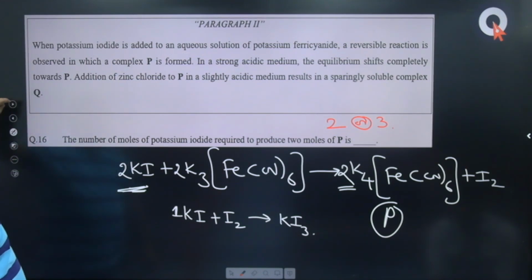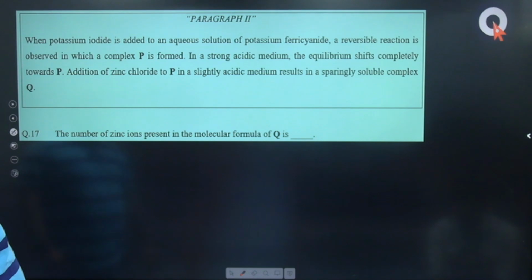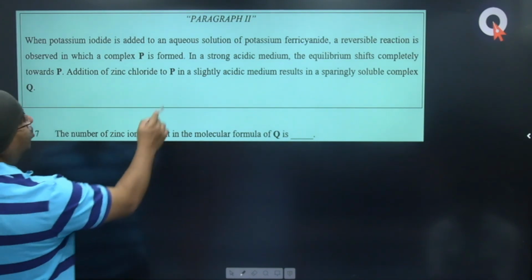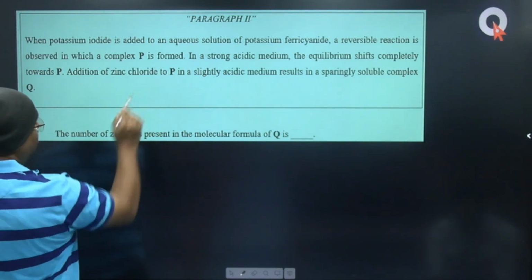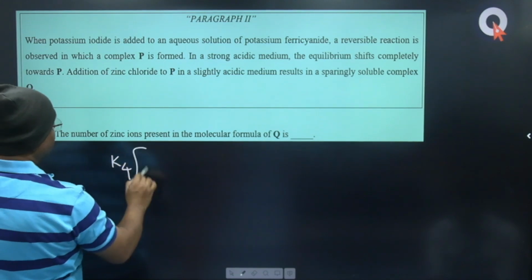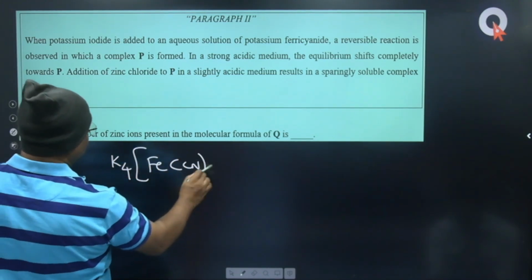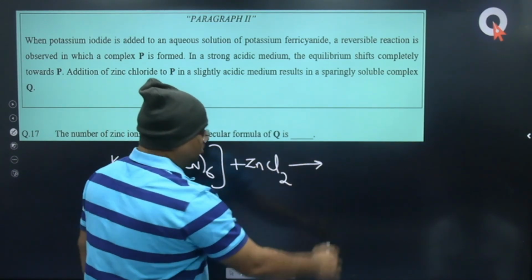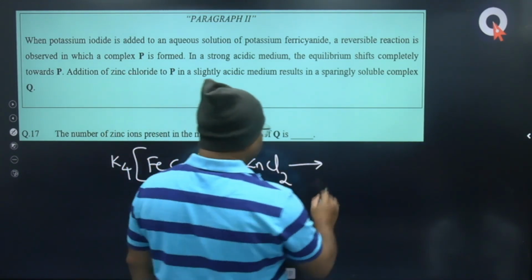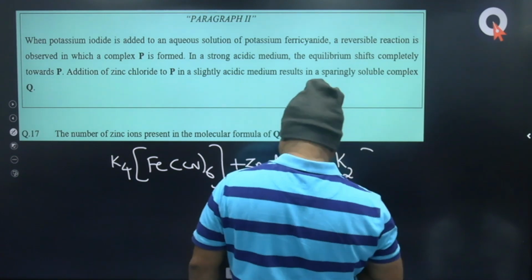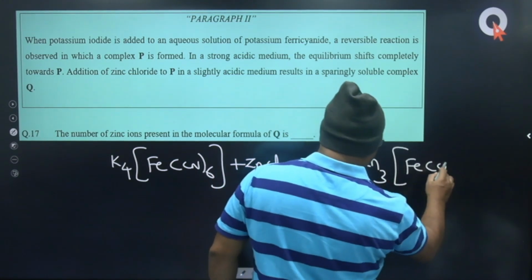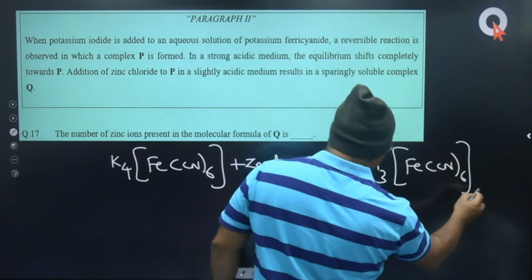Next, the reaction of addition of zinc, what does it form? The sparingly soluble product is formed from the reaction of P, that is K4FeCN6, directly with ZnCl2. For the zinc ion test, it now forms K2Zn3FeCN6 2 times.